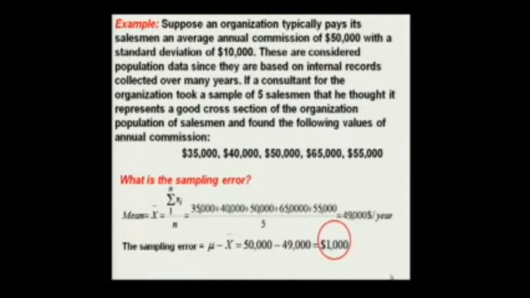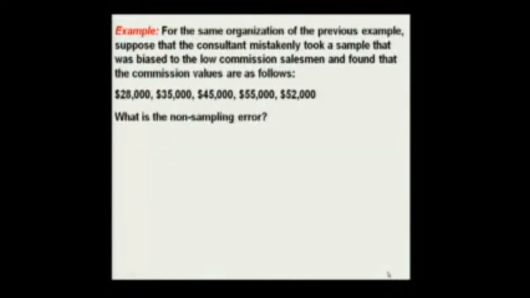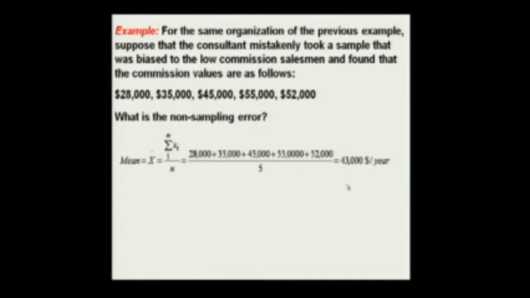Now, to take this example a little bit further, let's say that the consultant took another sample in which he was, intentionally or unintentionally, biased to the lower value of commission. So if we calculate the average of this new sample that he took, now we're looking at 43,000. Remember, when he took a representative sample, the average was 49, and from that we were able to calculate the sampling error of 1,000.